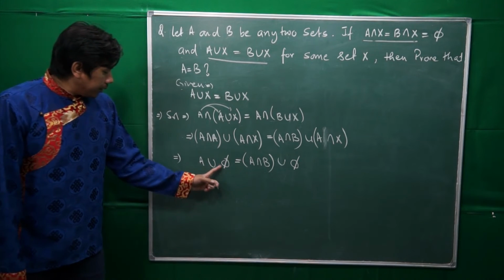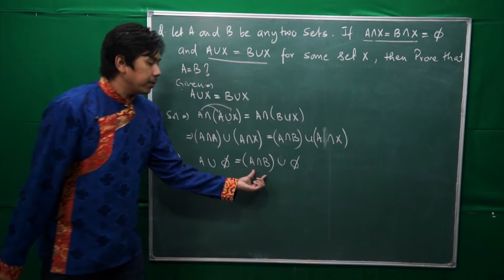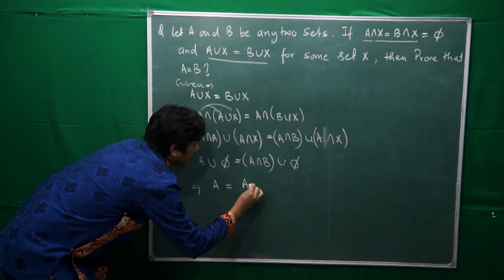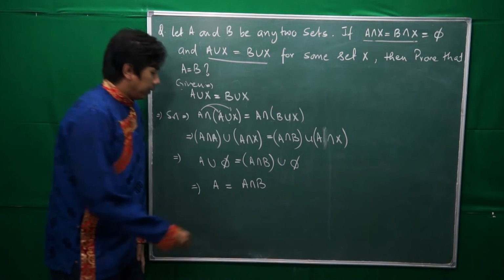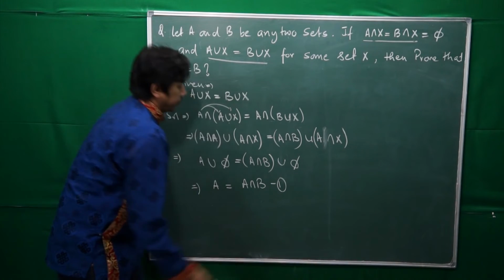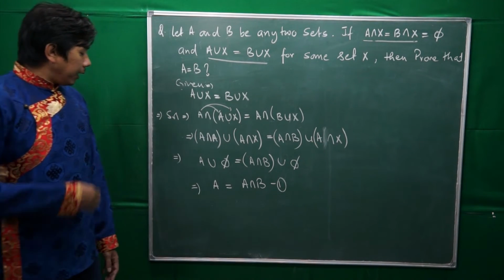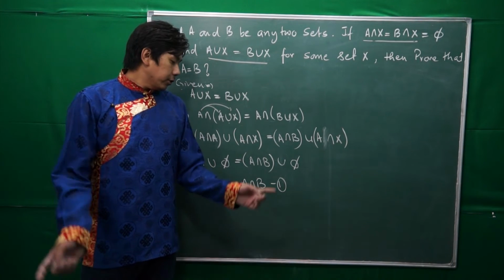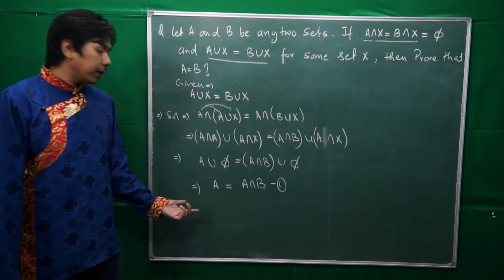Same thing over here, A intersection B union with the null set would again be A intersection B. Clear? Now let this be my first equation. Simple. Now for the second part, if I am able to prove that B is also equal to A intersection B, then from equation 1 and equation 2, I can prove that A equals B.